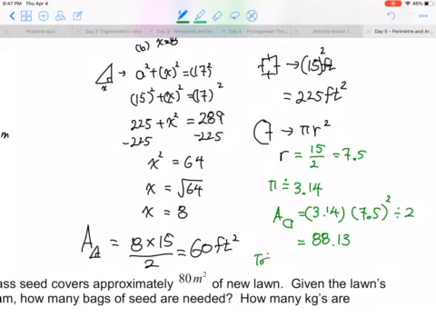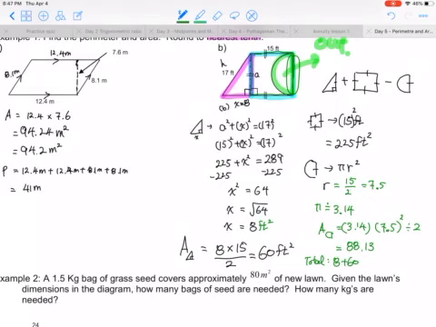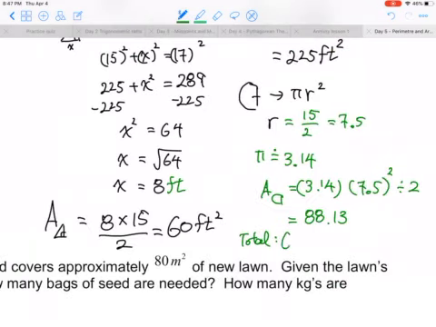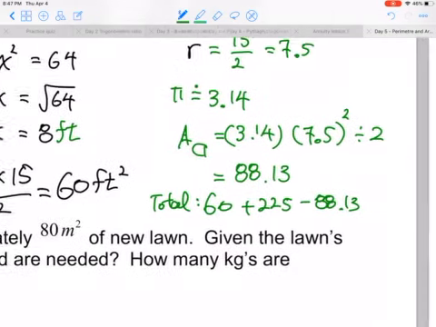So the total area, as we can see, is not 8 feet squared plus 60. Ooh, I did it wrong. Not 8. Right, this is 8 feet. So 60 plus 225 minus 88.13.